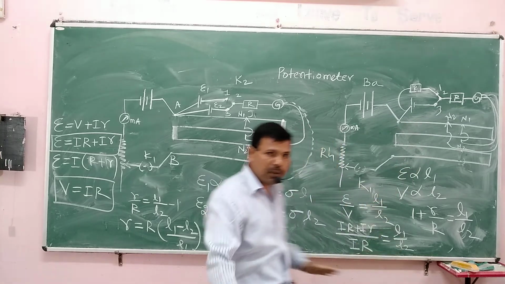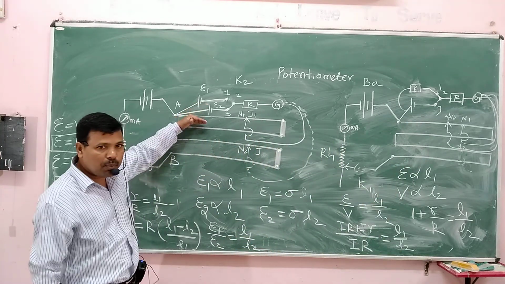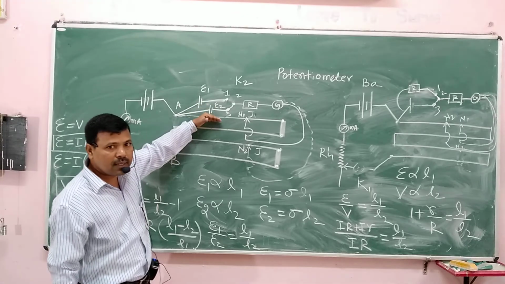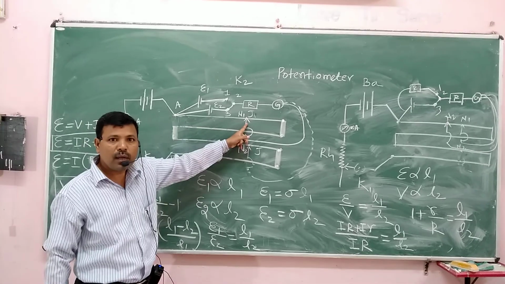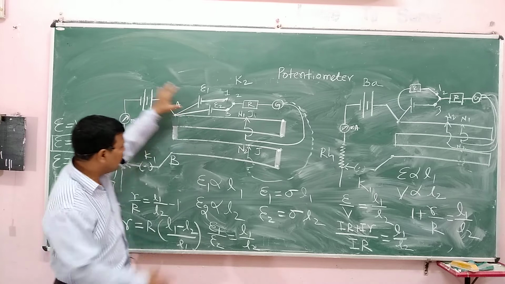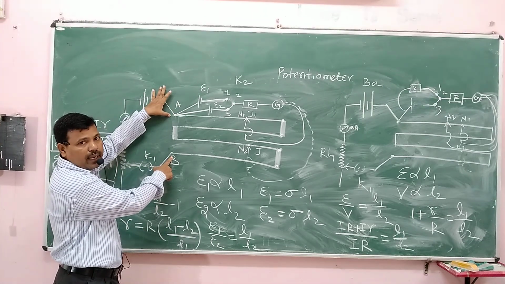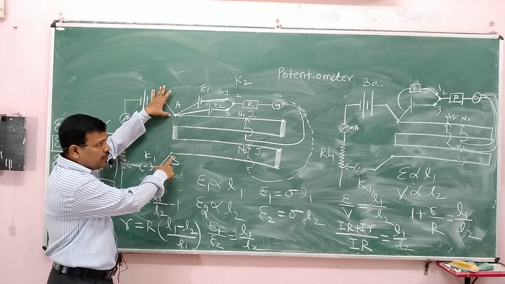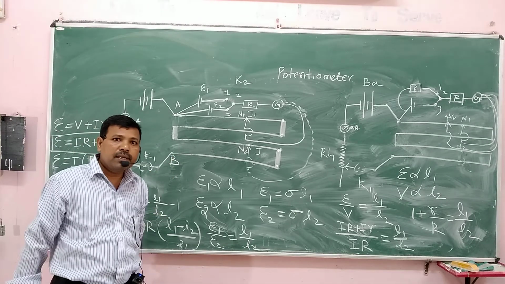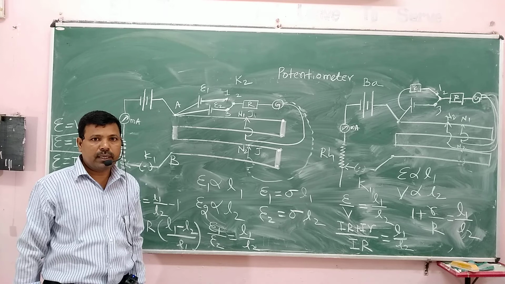The principle of the potentiometer is that the fall of potential from the cell is directly proportional to the balancing length, where a steady current is maintained through the wire. Fine. So this completes the potentiometer. Thank you.